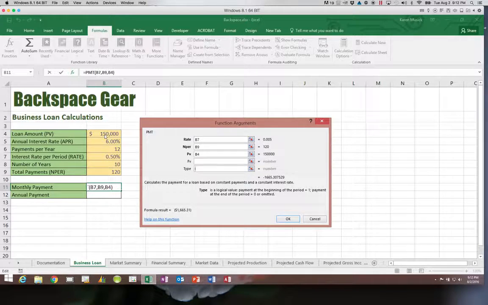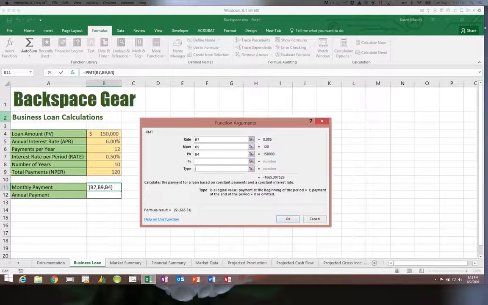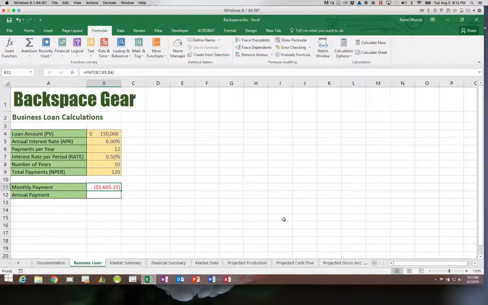And the type has to do with the timing of the payment. We're going to leave that blank unless you are told to do something different in the instructions. Okay, so once you get that information in, you can click OK, and it shows you the payment amount.